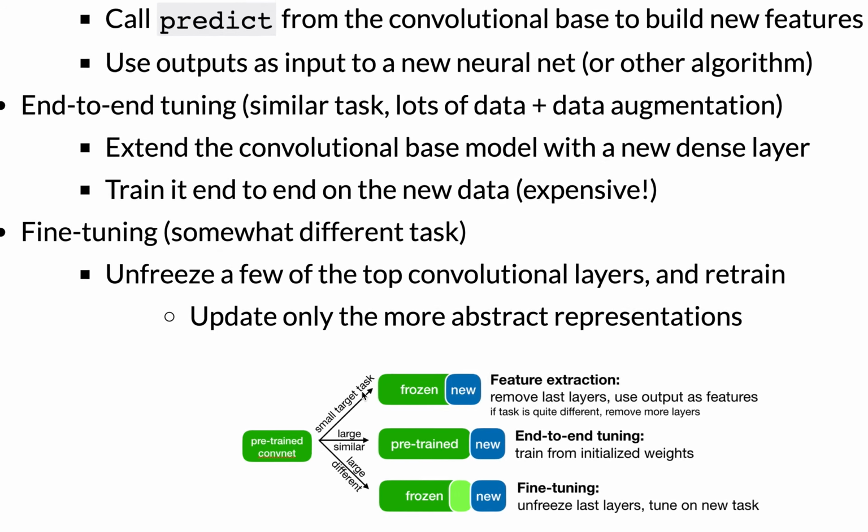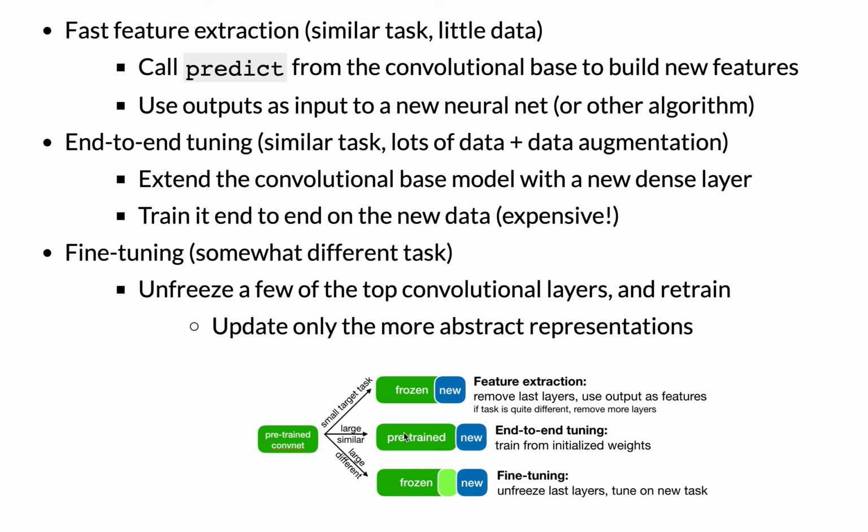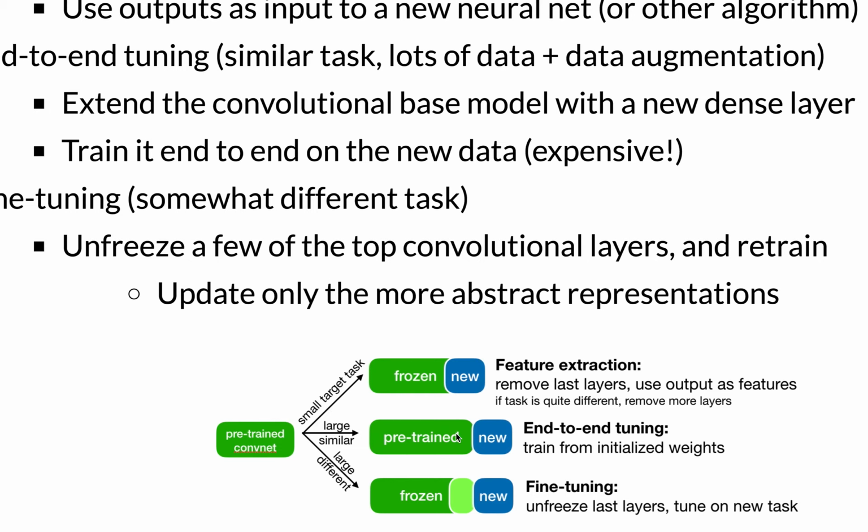Another thing we can do is end-to-end tuning. Here we take, again, our pre-trained network. We remove the head, and we add some new dense layers. And then we retrain the whole thing end-to-end.